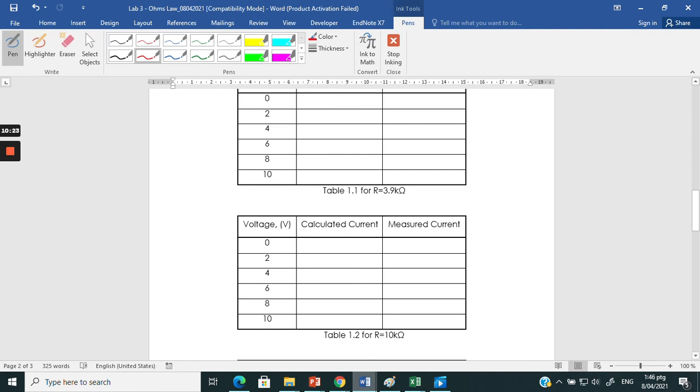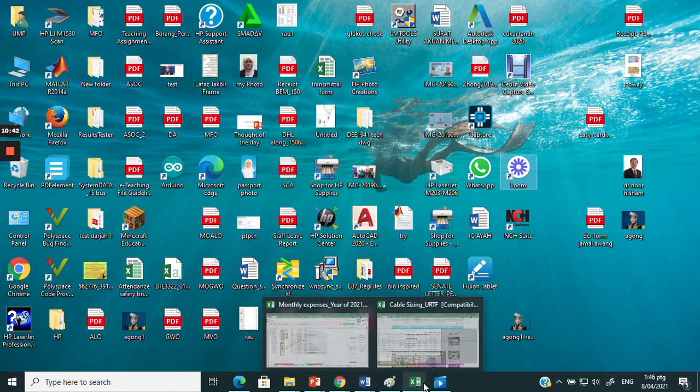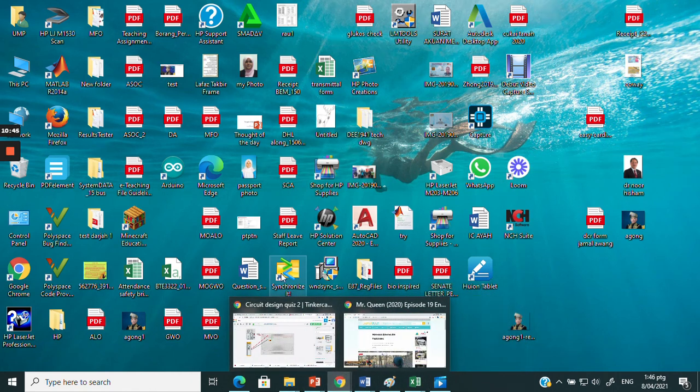Make sure you conclude your experiment, and you need to have a discussion. What is meant by discussion? Discuss the difference between your calculated value and the measured value.